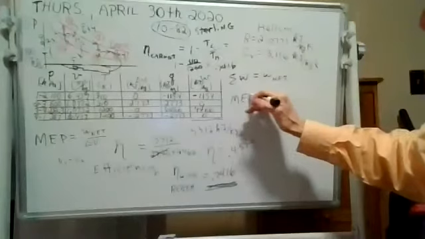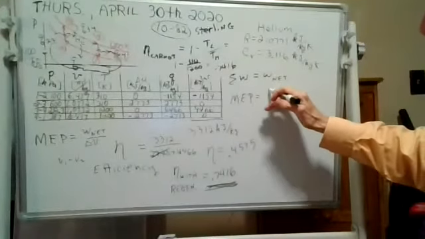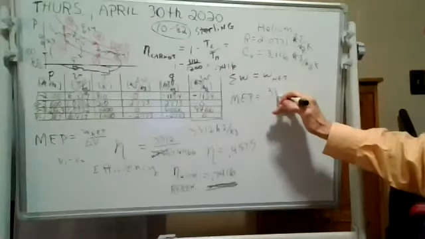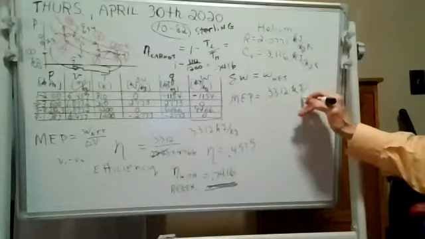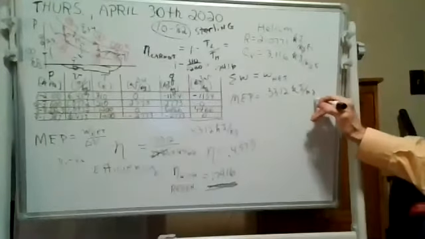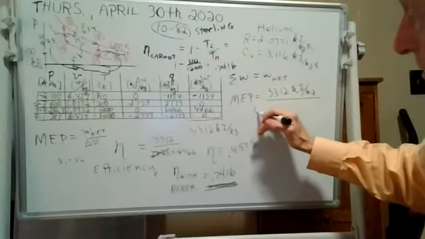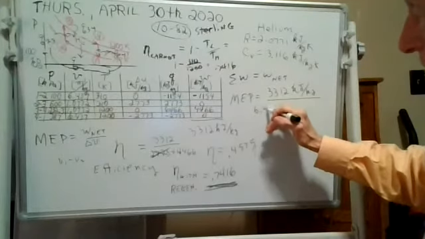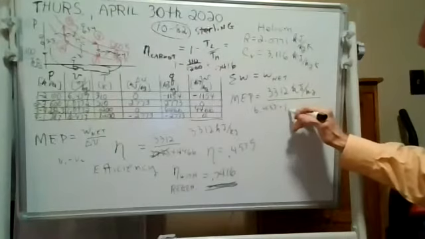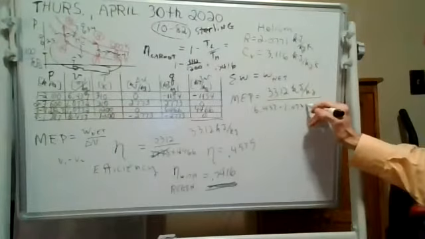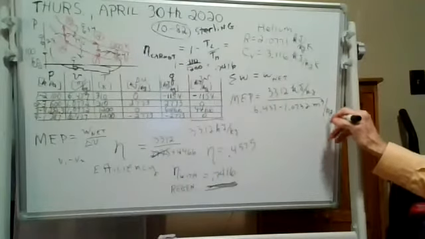Your mean effective pressure on this Stirling cycle is 3312 kilojoules per kilogram divided by 6.437 minus 1.0732 cubic meters per kilogram.